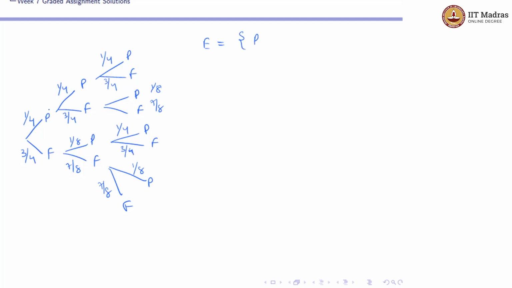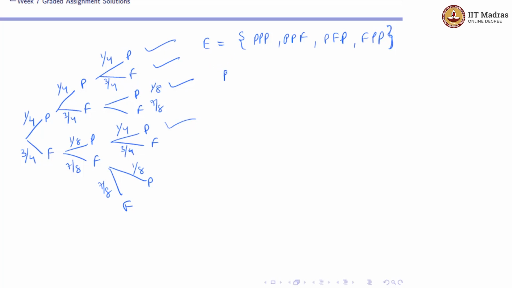The outcomes are pass, pass, pass; pass, pass, fail; pass, fail, pass; and fail, pass, pass. We are not going to consider fail, fail, fail; fail, pass, fail; pass, fail, fail; or fail, fail, pass. So these are the only 4 outcomes for which he will be eligible to appear in the qualifier exam.